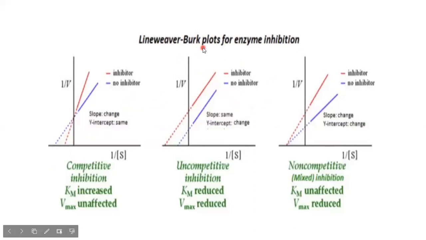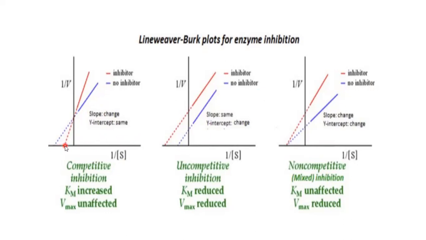We talked about how the Lineweaver Burk plot gives us information about enzyme inhibition and how it does so. If we talk about the 3 types of inhibition, let us first look at competitive inhibition. In competitive inhibition, we can see that the intercept on the x-axis is changed.